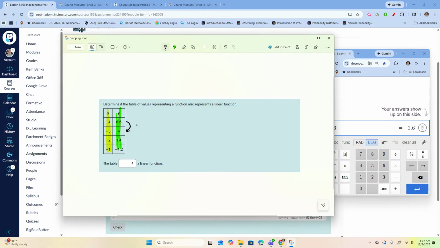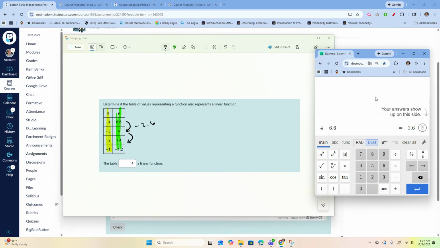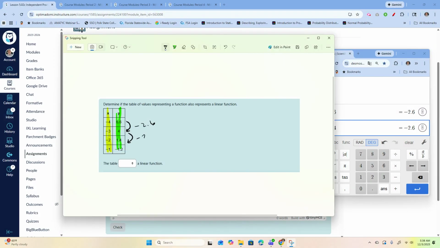Now I'm going to do the same thing from the second row to the third row. I take the third row, 1.4, and subtract the second row of the y's, which is 4. And you can see that I also got negative 2.6.